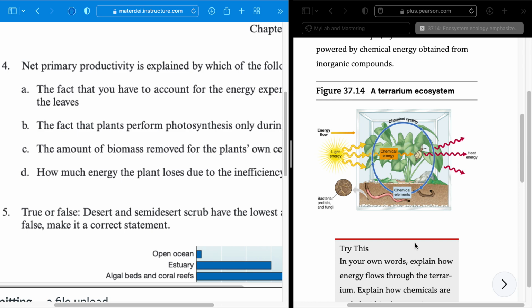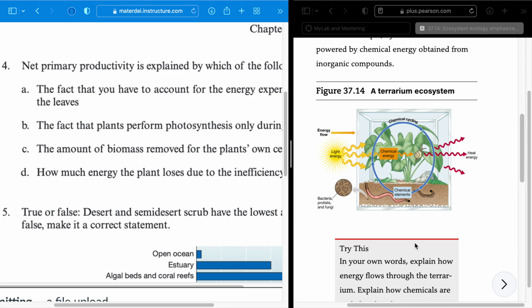All energy comes from the sun. So look, here's the energy flow. Energy comes into the system, and plants use that energy to make photosynthesis. And then we're into chemical cycling. So the chemicals get made into sugar, and then the snail eats the plant.